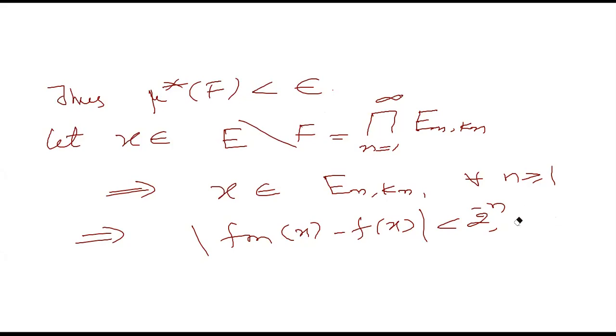What's the definition of E_n k? It's m greater or equal to k, so here our k is Kn. So m is greater or equal to Kn.